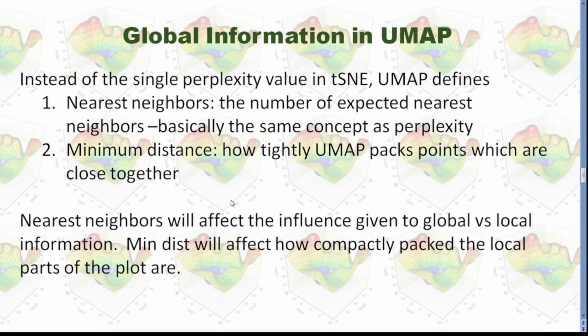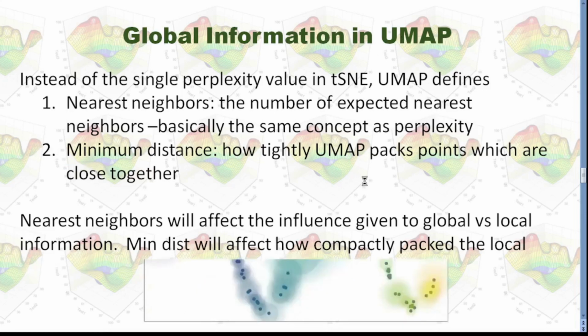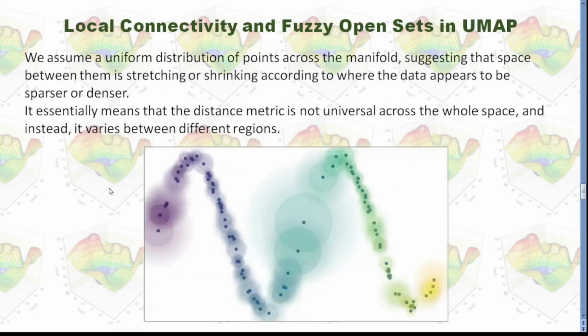So, comparing with t-SNE, we have this minimum distance in UMAP. Now, we assume a uniform distribution of points across the manifold, suggesting that space between them is stretching or shrinking according to where the data appears to be sparser or denser.